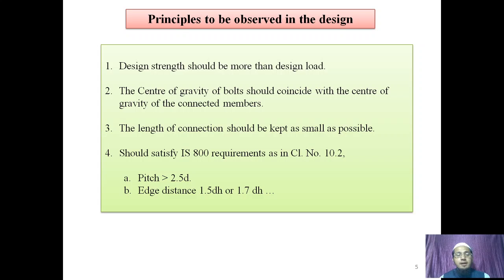And the edge distance: the minimum edge distance should not be less than 1.5 or 1.7 times the diameter of the hole. Why these two values? Can anybody answer this? Yes, 1.5 times diameter of hole is for machine or flame cut edges, and 1.7 is for hand flame cut or rough edges.